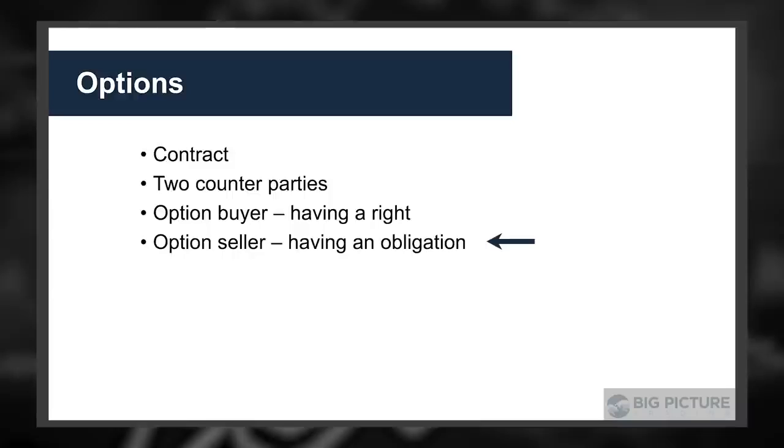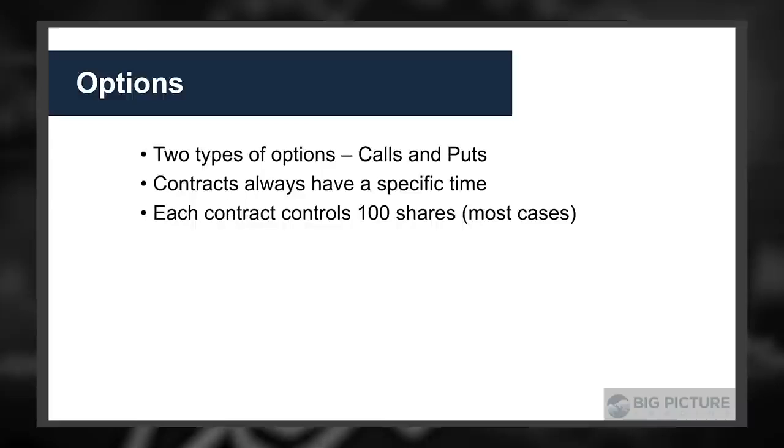It's a lot of terminology, and the best way to learn is through a real practical example. In this example, we have two types of options: call options and put options. We're going to explain each one separately in a moment.